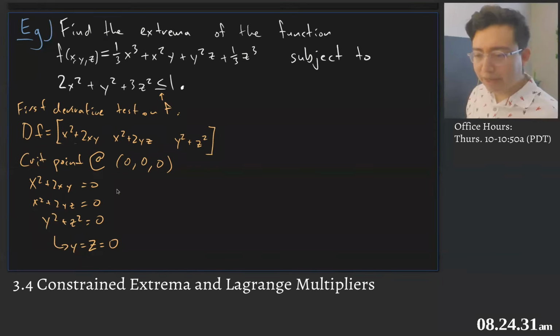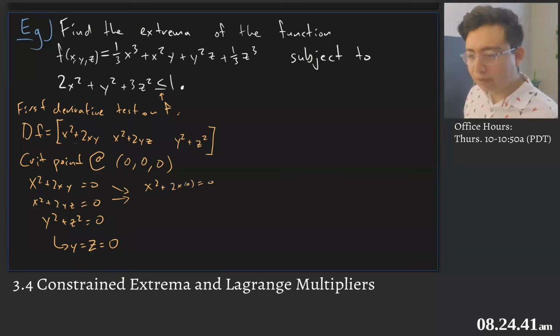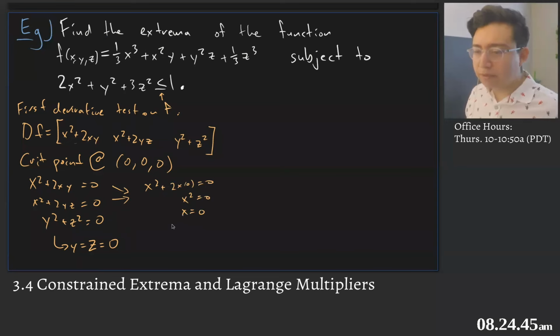Then we combine that with the other equations, and we get x squared plus 2 times x times 0 equals 0, which means x squared equals 0, which means x has to equal 0 as well.